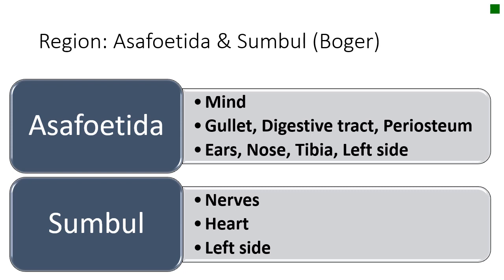Also, it relates to ears, nose, tibia and the left side. Once again, we don't find any such thing in this case. Regarding the second remedy selected by Dr. Borkar, it has got affinities for nerves, the heart and the left side. Now, the second remedy is of course a much smaller one, but even so, it does not correspond to the complaints of the patient.